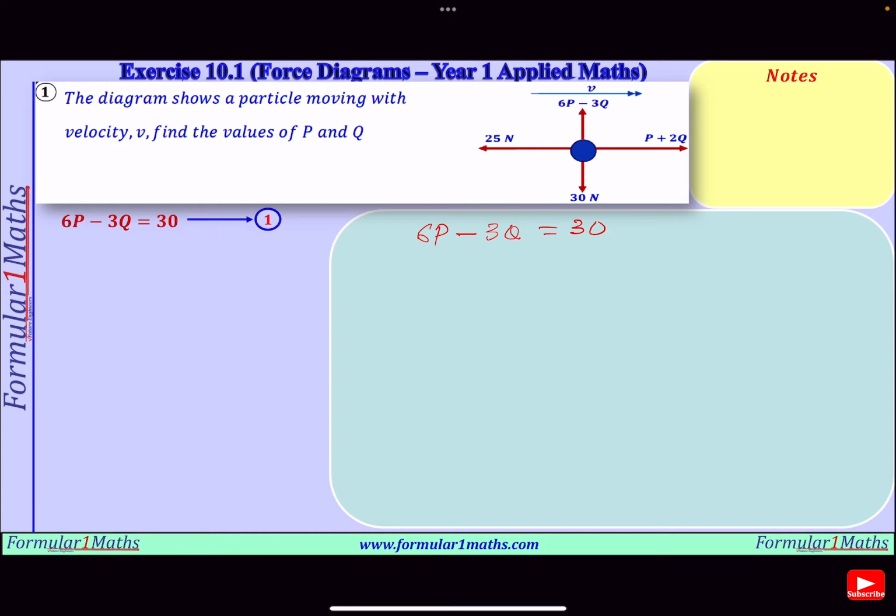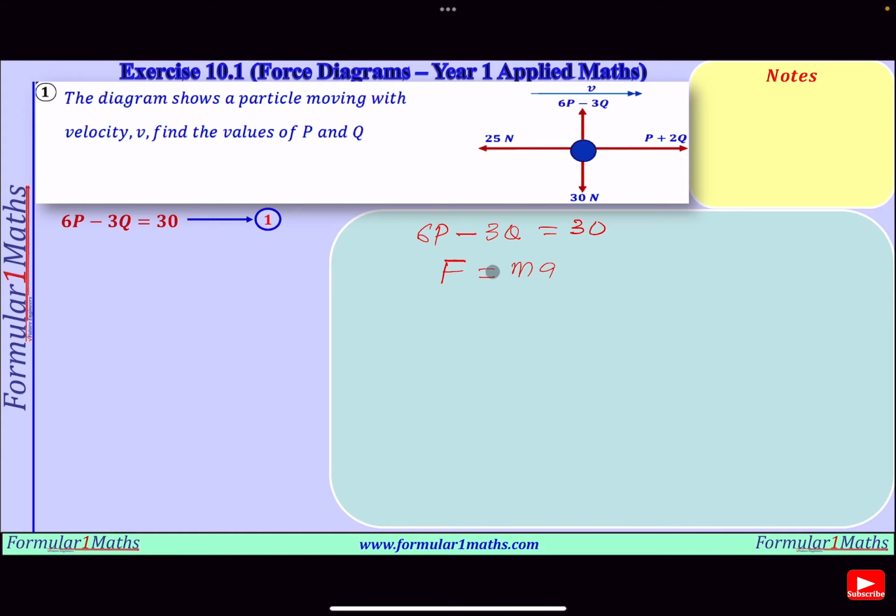Now we turn our attention to the horizontal direction. We know that the particle is moving in this direction to the right. So this force P plus 2Q is bigger than the opposing force, which is 25 newtons. According to Newton's second law of motion, which states that F equals ma, any resultant force F will produce an acceleration on a particle with mass m.